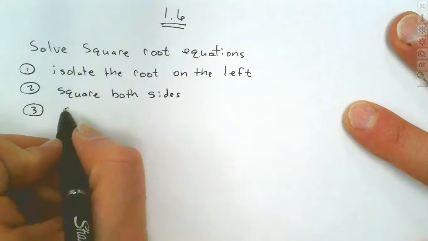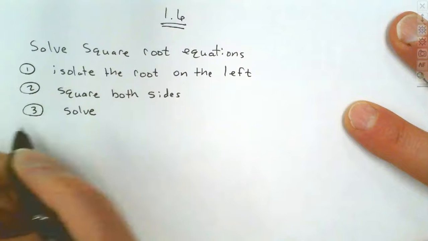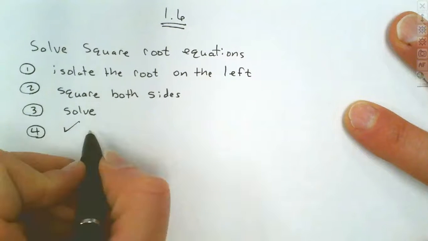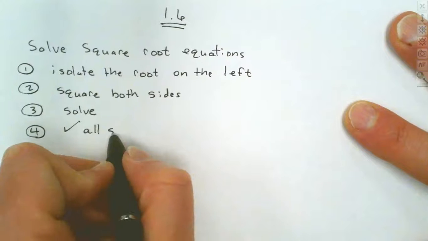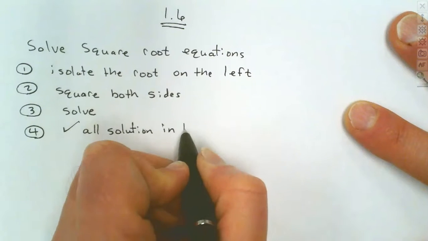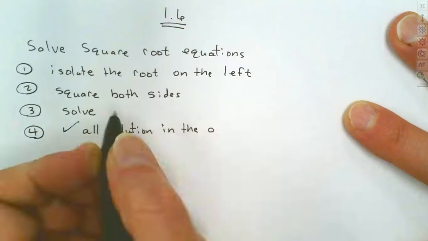Step number 3 is solve. And then step number 4 is you're going to have to check all solutions in the original equation.